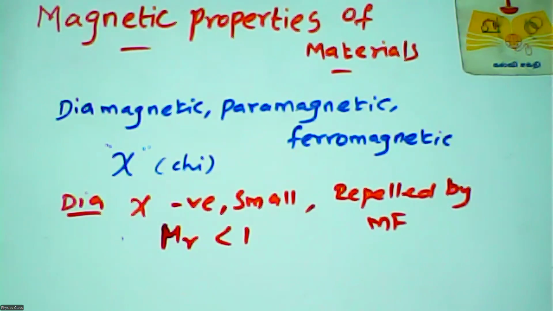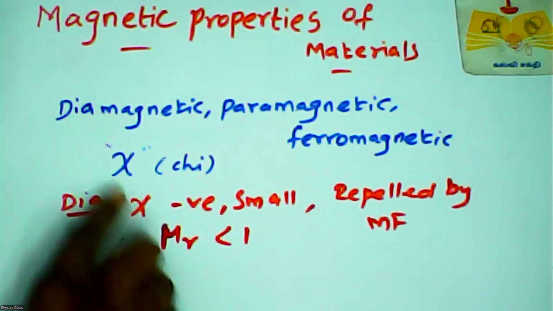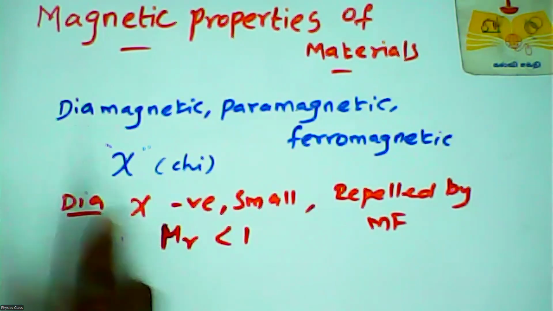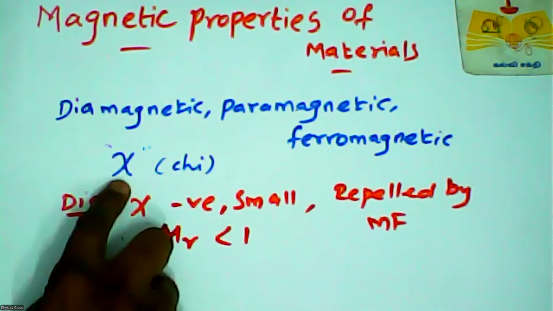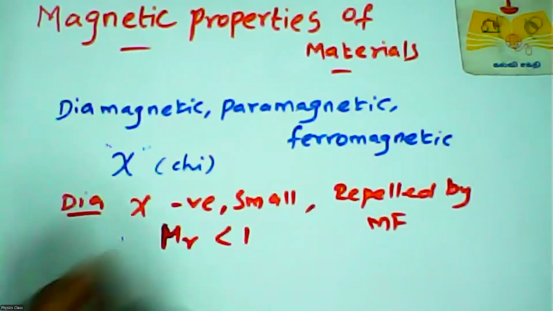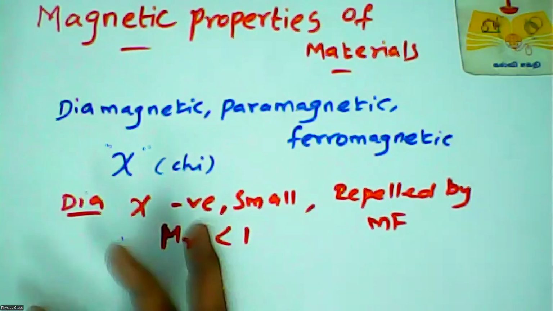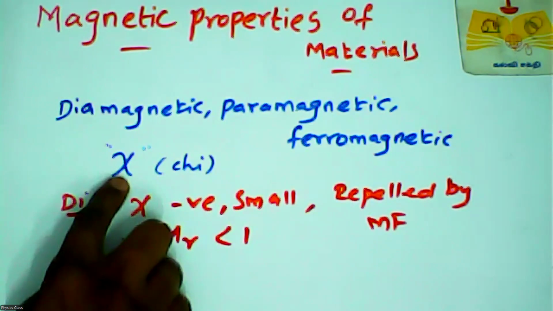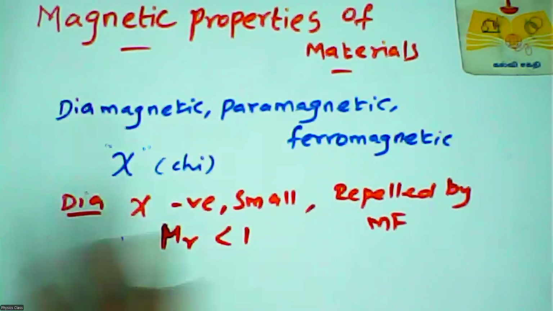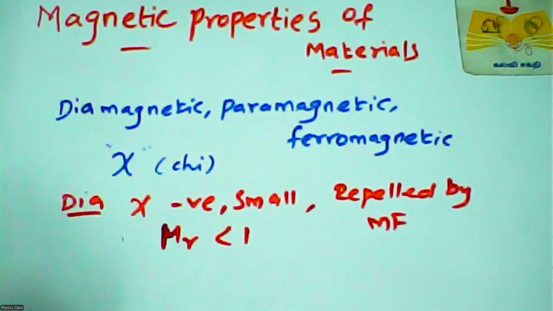Okay. So you have to know what psi and mu r are. Already you remember psi, the susceptibility. This tells us how easily a material can be magnetized. Already we saw it in one MCQ.